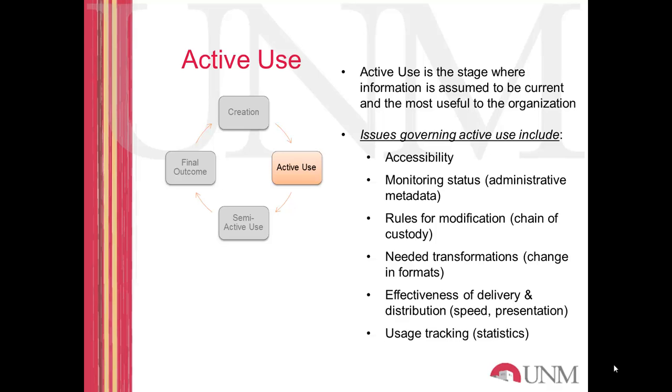And then the last thing, very important in this stage, is we need to begin tracking how the information is used. That's usually in two parts. We want to track how often people search for and hit this information, and how often they actually use it after they found it. This is important for the other two stages in the information lifespan.